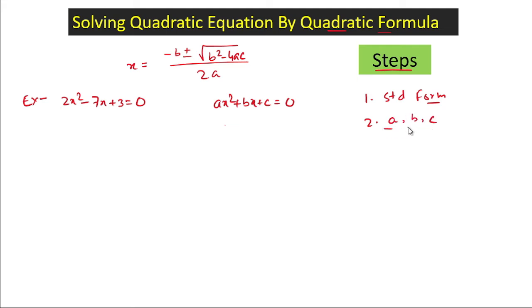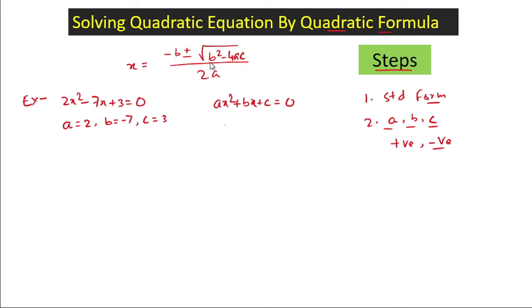One thing to remember: whether the values of a, b, c are given as positive or negative, we will write them as given in the equation. We can take the value of a equal to 2, the value of b equal to minus 7, and the value of c is 3.